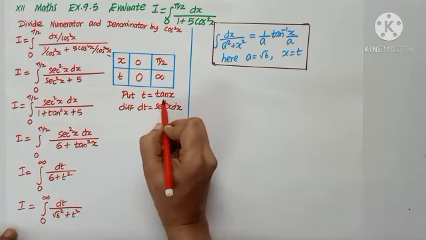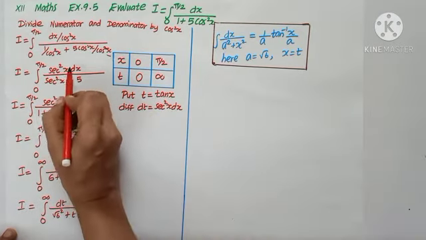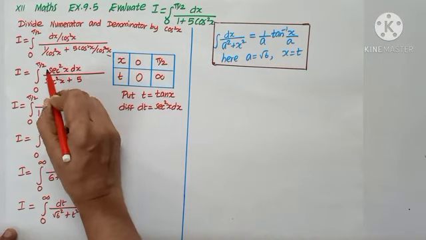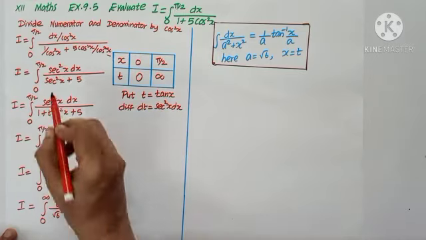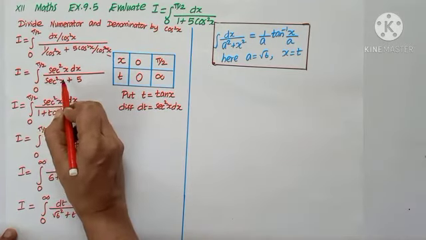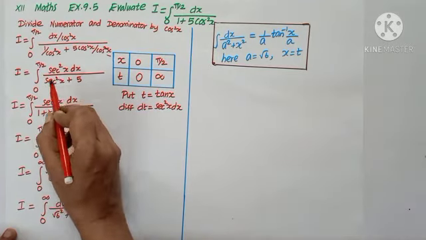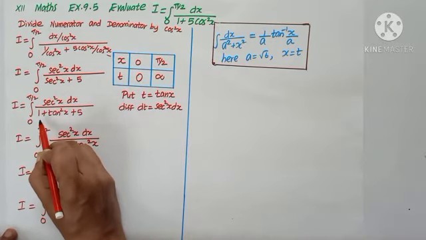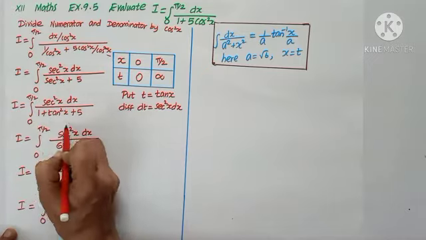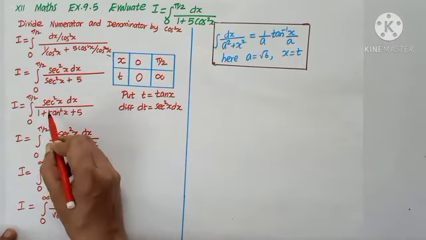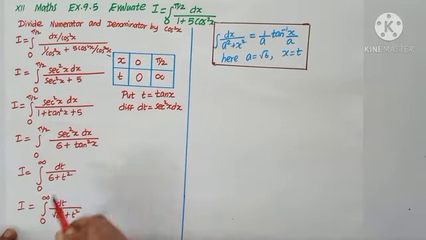To substitute tan x, the numerator secant square x dx, I can write dt. What about the denominator? This secant square, let me rewrite using the identity 1 plus tan square x. 1 plus 5 becomes 6. Tan square x becomes t square.